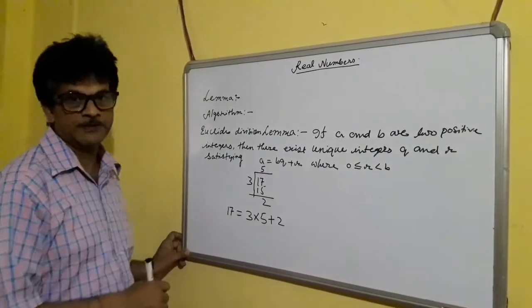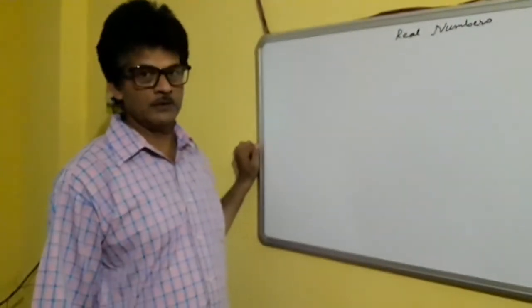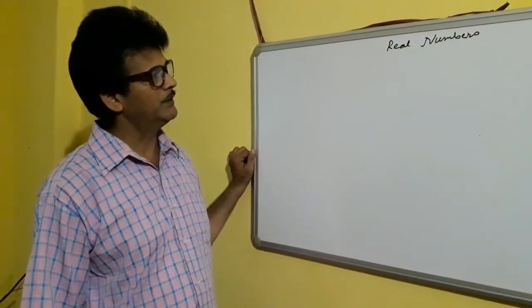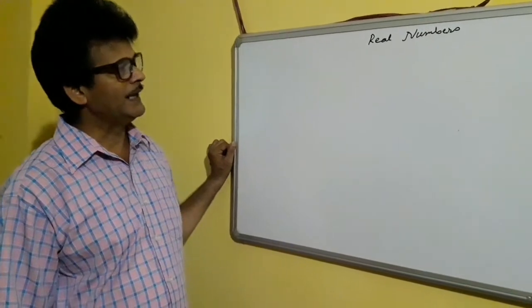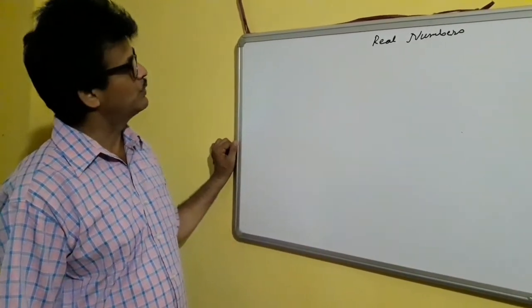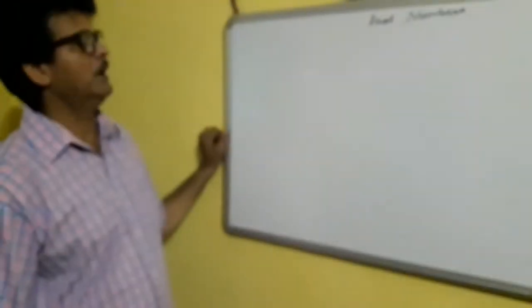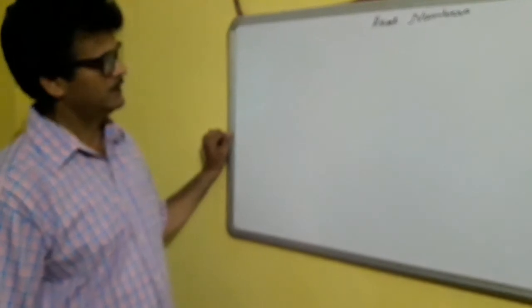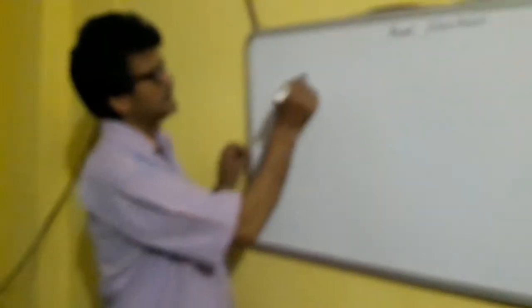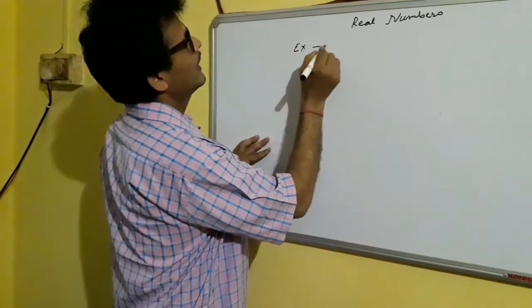So remember this. Now using Euclid's division algorithm, we solve some problems we have in exercise 1.1, and some proofs we will do, and some extra questions from other books we will discuss. So let us start with exercise 1.1.